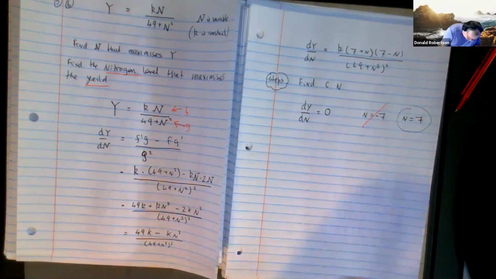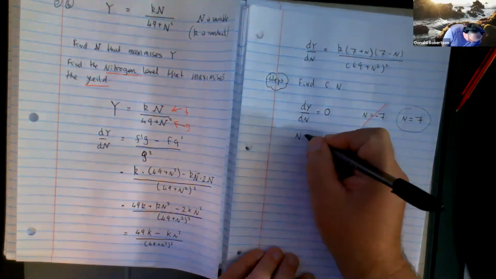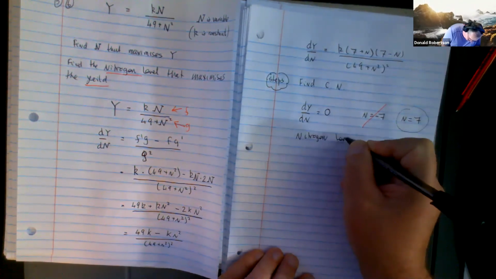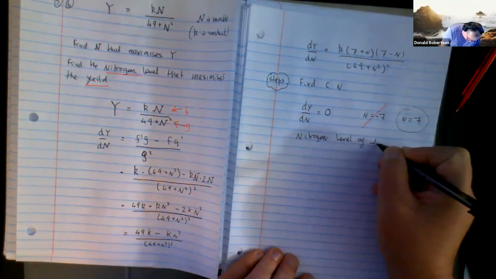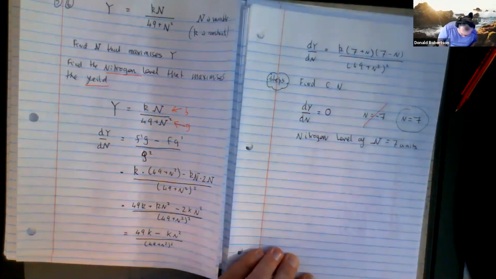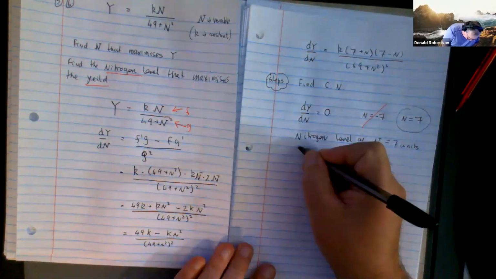So what do I know? I know that if you have a nitrogen level of 7 units, whatever 7 units of nitrogen looks like, then you will have the maximum yield.